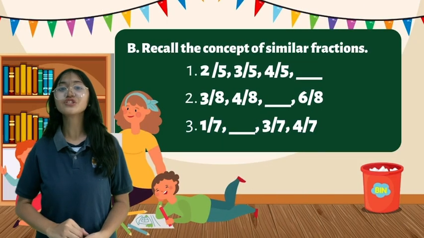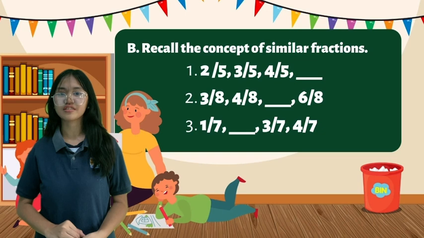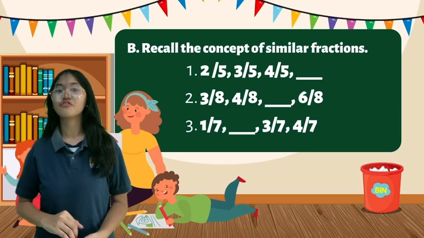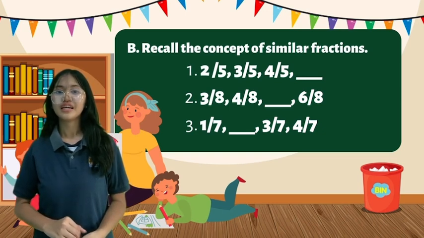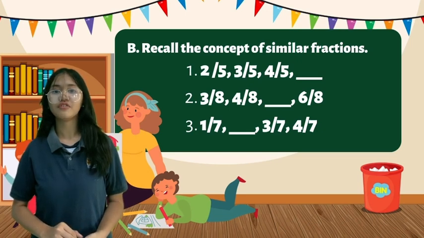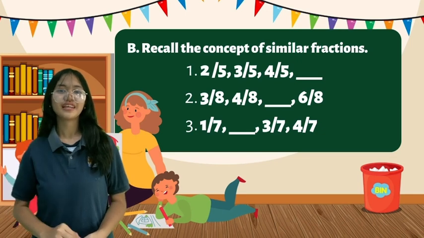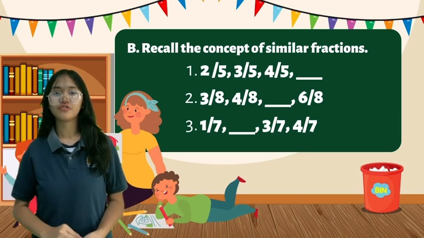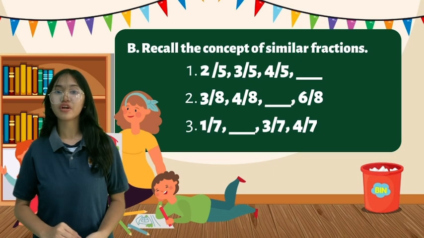Next, let's recall the concept of similar fractions. Let's answer the following exercises. In 2/5, 3/5, and 4/5, what will be the next? Yes, that's right. It's 5/5. How about in 3/8, 4/8, blank, and 6/8?